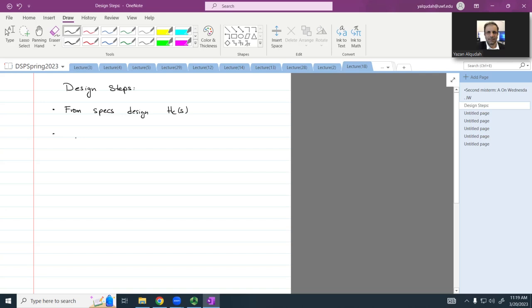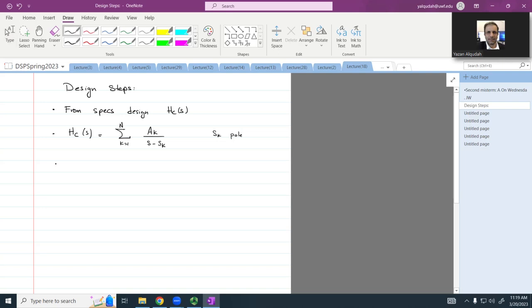After we design the filter, after we have Hc(s), we're going to write Hc(s) as the summation of A_k divided by s minus s_k, from k equal 1 to N, where s_k is a pole of the system. So I'm going to do partial fraction expansion. I'm going to express the frequency response in this form, expanded around the poles of the system.